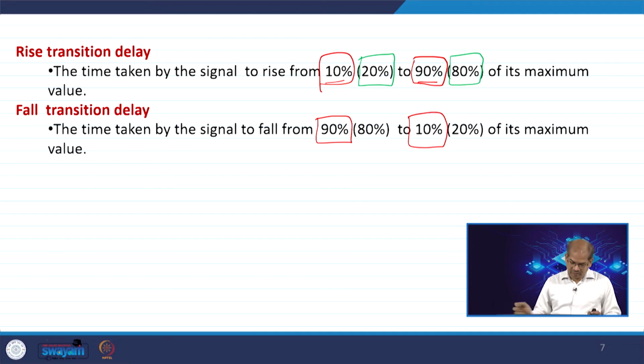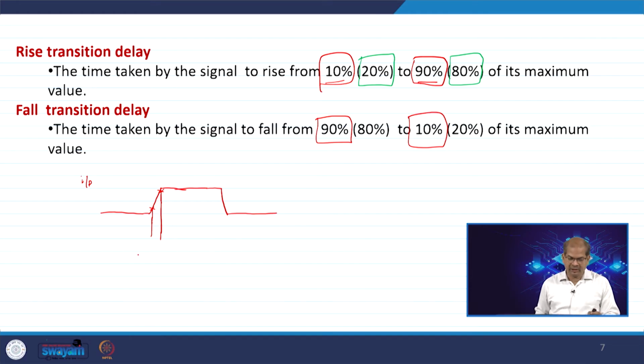If I have an input signal, I will give an example here. I have a waveform like this. This 10% to 90% distance is basically the rise transition.